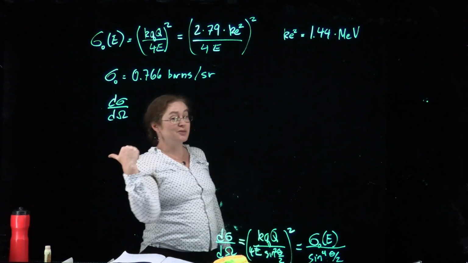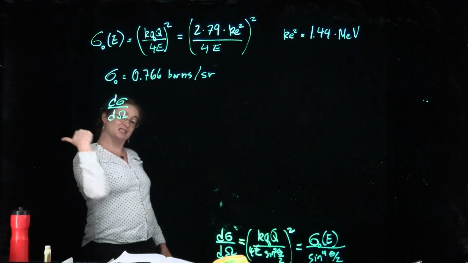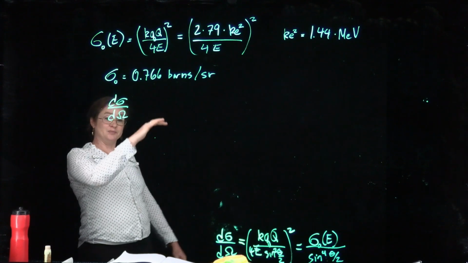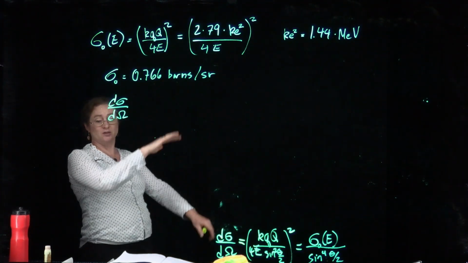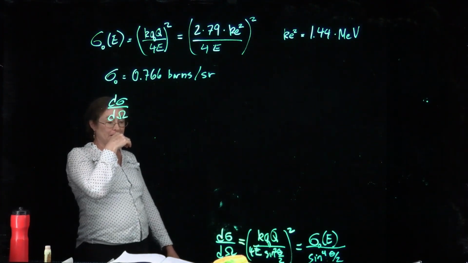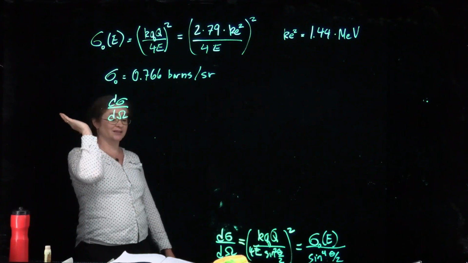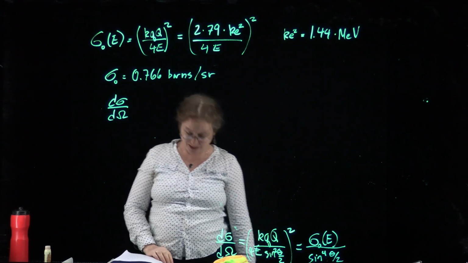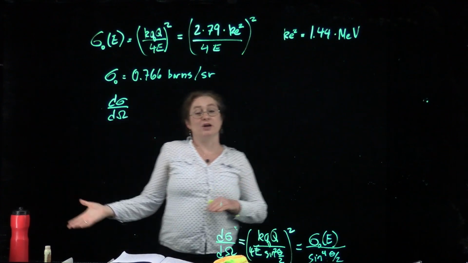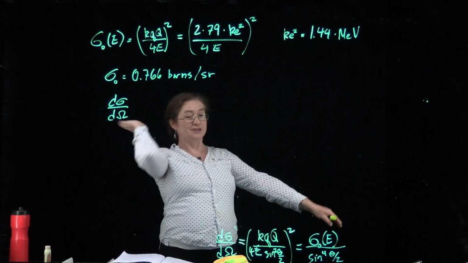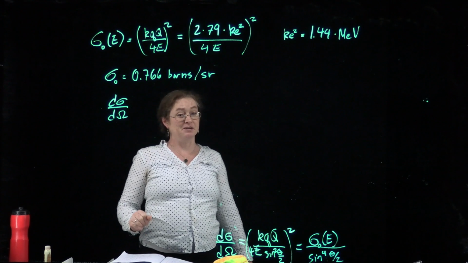Whereas what might actually be the more interesting part is the stuff that scatters back at a very large angle, and that has a very small cross section. So that means it's very hard to measure scattering at small angles because it's very rare.